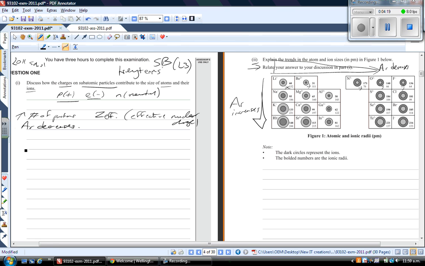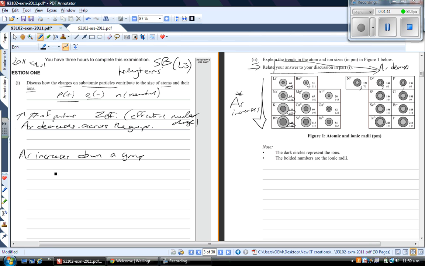Conversely, as you go down the periodic table, your 152 increases to 186, to 231, and 244. So the atomic radius decreases across the periodic table, whereas it increases down a group.